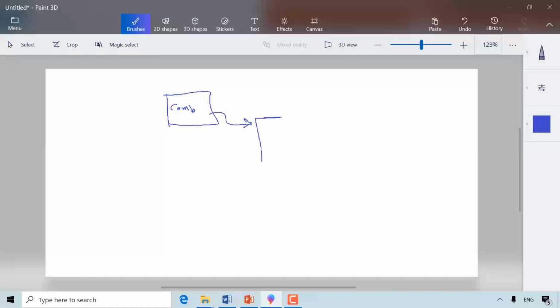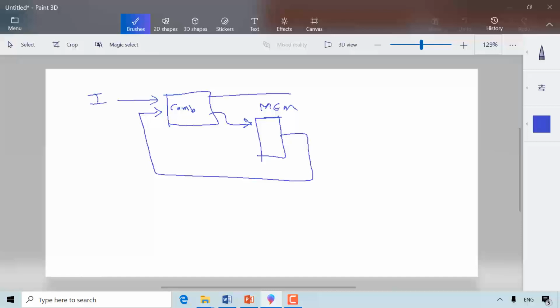Some of that output goes to memory elements, and then the output of the memory elements goes back to the combinational block. This circuit has primary inputs and primary outputs. Now, to describe such a circuit, we need to talk about something called a state diagram and a state table.